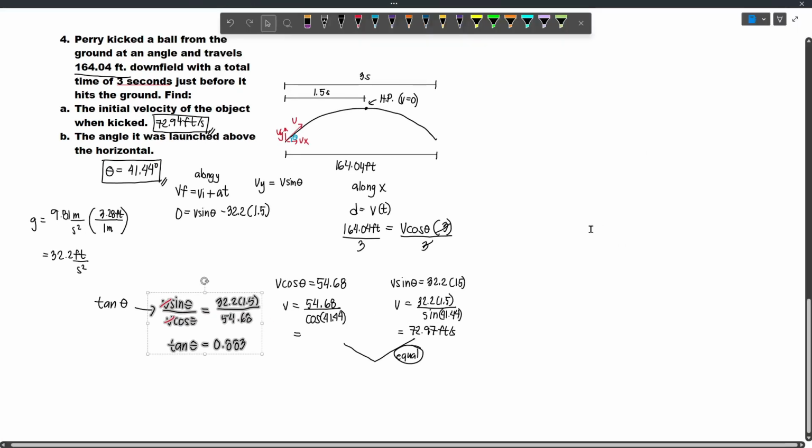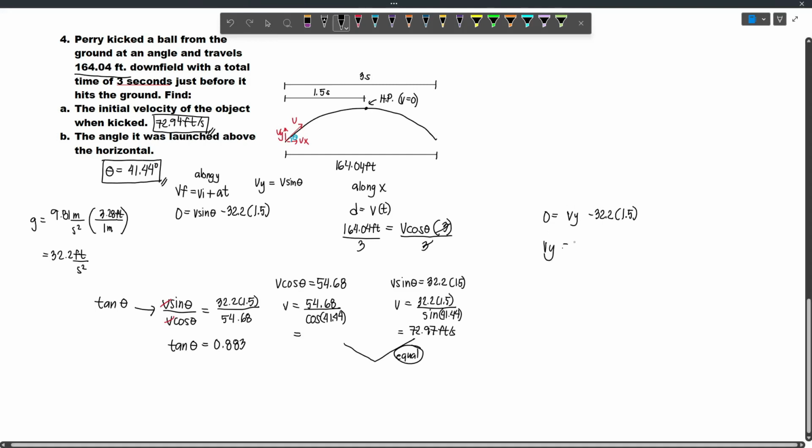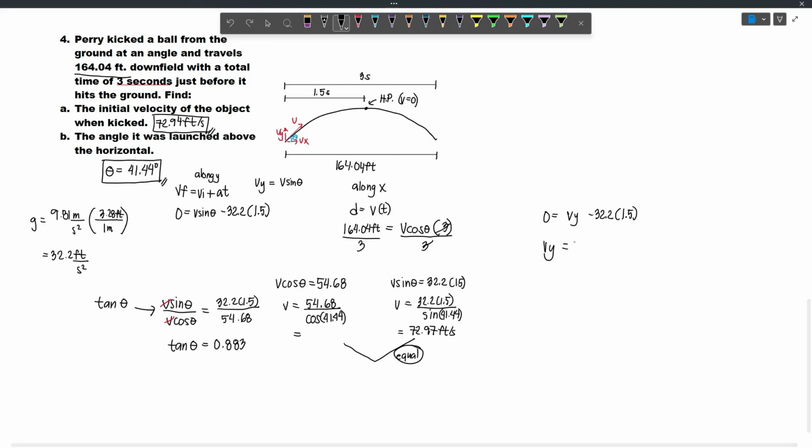Transform this into Vy. This V sin theta, we replace with Vy. And so, this Vy we simply move to the side, so Vy is equal to 32.2 times 1.5, which is 48.3. And then, Vx you can solve using this one. So, 164.04 is equal to Vx times time. The time, again, is 3 seconds.